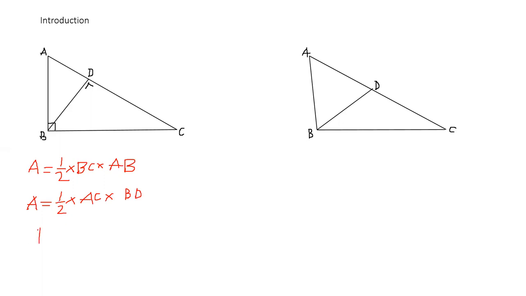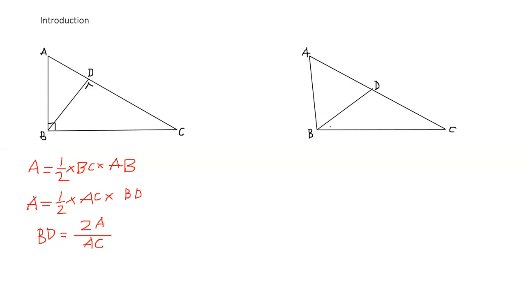To find BD, you may use this formula: 2 times A over AC. Very simple, because BD is perpendicular to AC, and AB is perpendicular to BC.